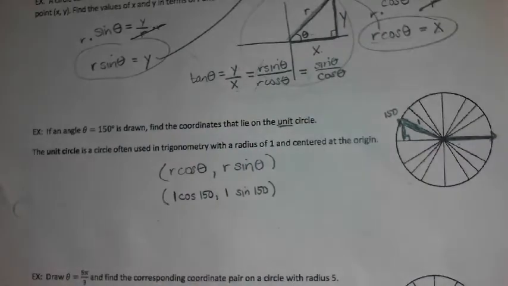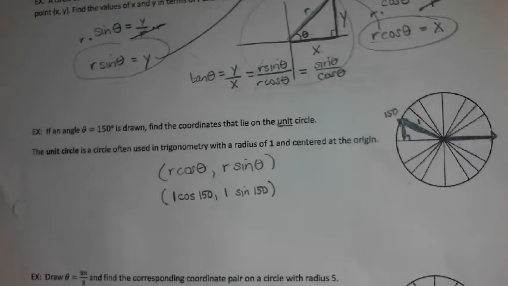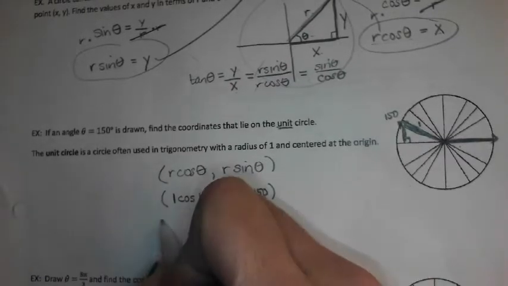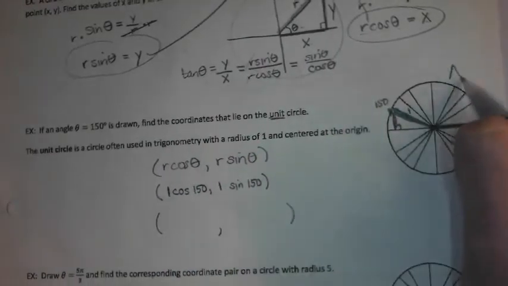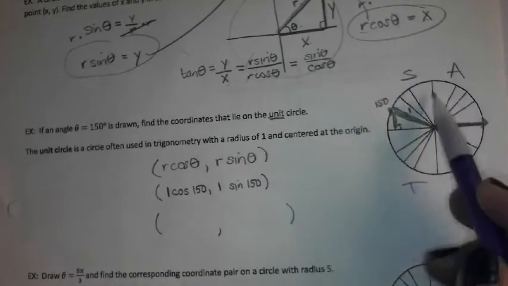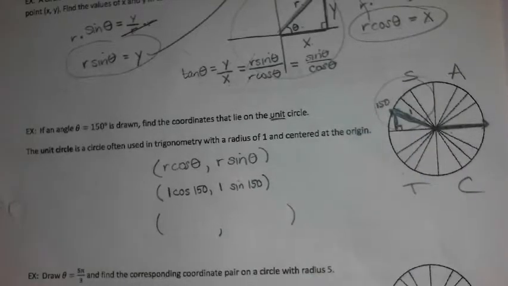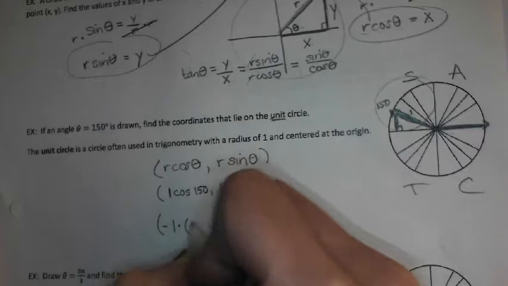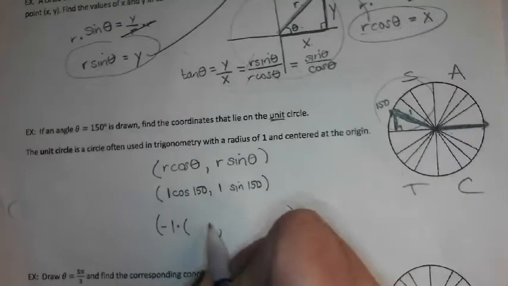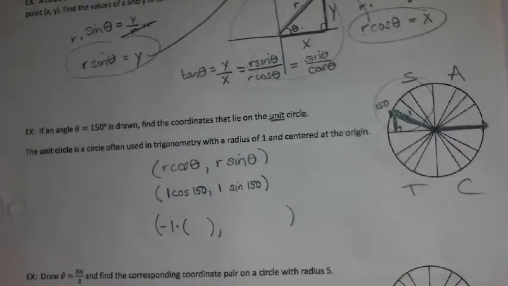Well, we need to pause and think about what is the cosine of 150. This is a side project. First of all, is it positive or negative? All students take calculus, is cosine in this quadrant positive or negative? Negative 1 times, and what's the reference angle? 30, so what's the cosine of 30?